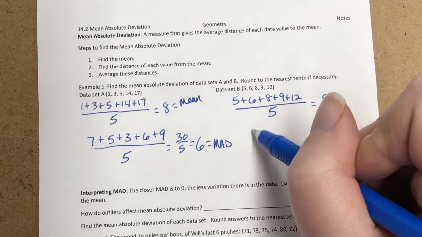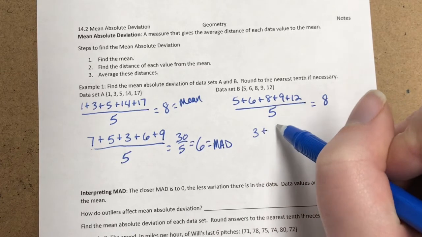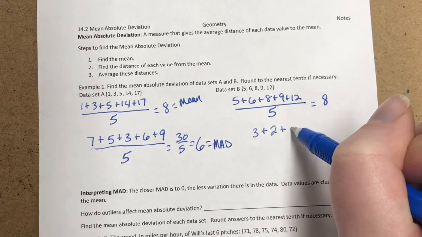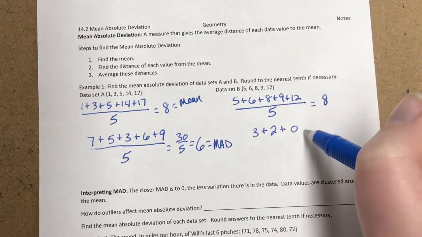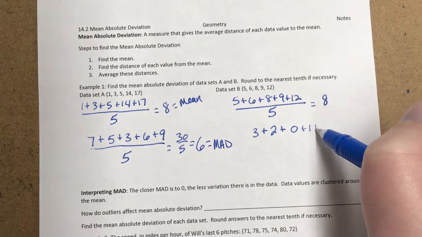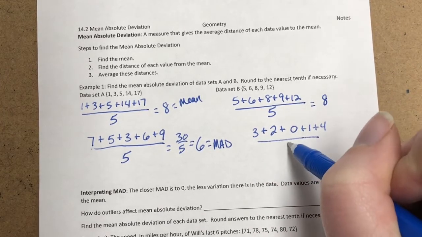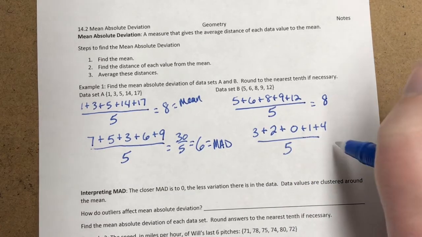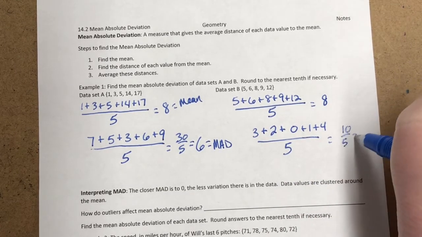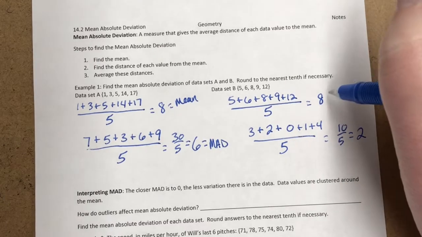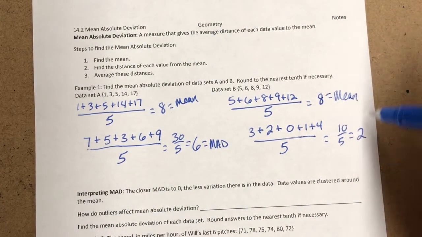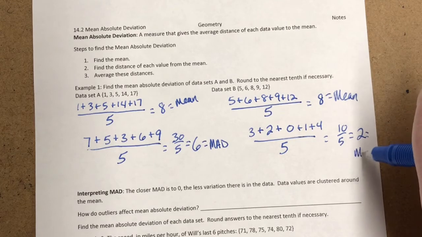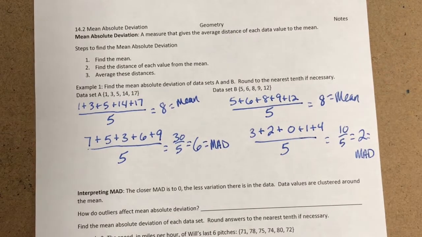So 8 minus 5, 8 minus 6, 8 minus 8, 9 minus 8, 12 minus 8, and then find that average. So I'll add all those together and divide by 5. So this gives me 10 divided by 5, which is 2. So my mean is 8, and 2 is my mean absolute deviation.